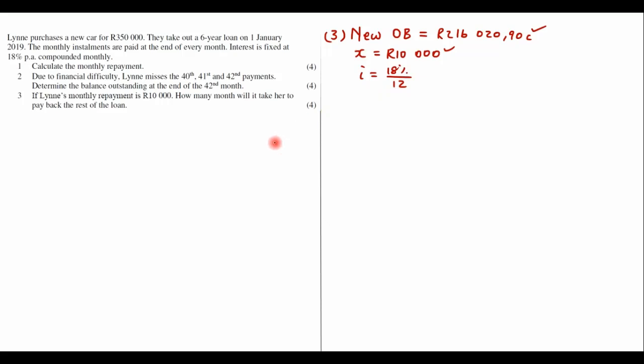And now we want to find out how many payments, or how many months, because that's what this question is saying: how many months will it take her to pay the rest of the loan?